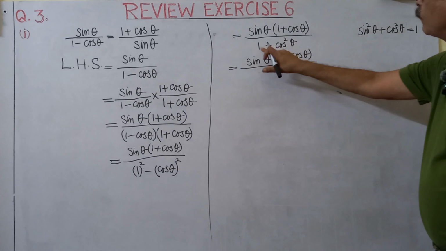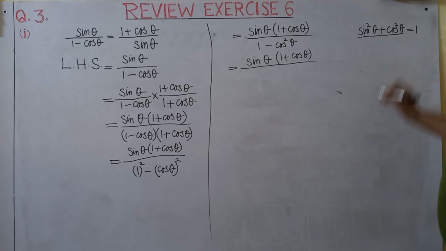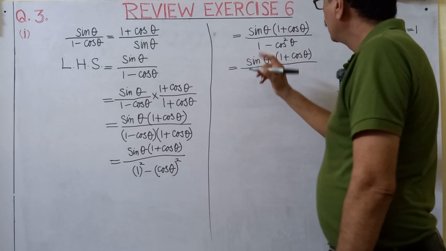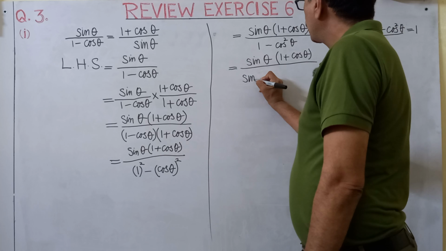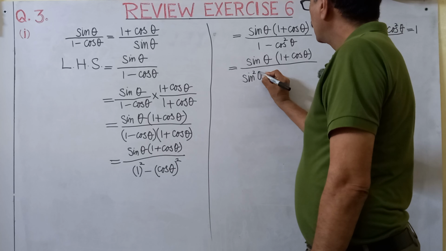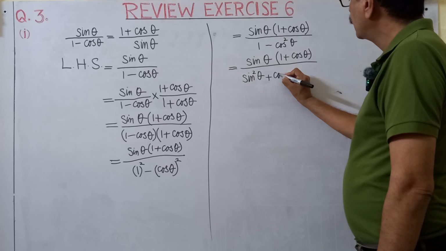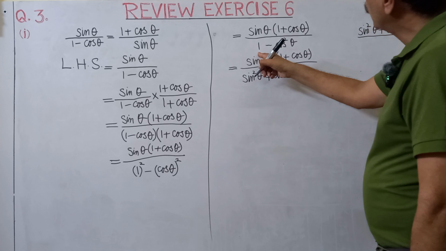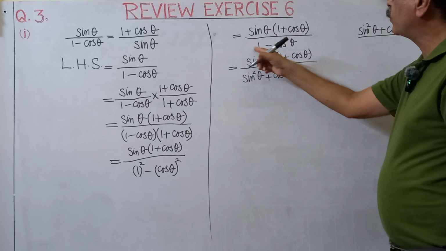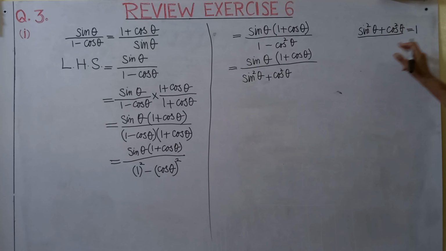So putting the value of 1, that is sin square theta plus cosine square theta, we replace 1 by sin square theta plus cosine square theta.